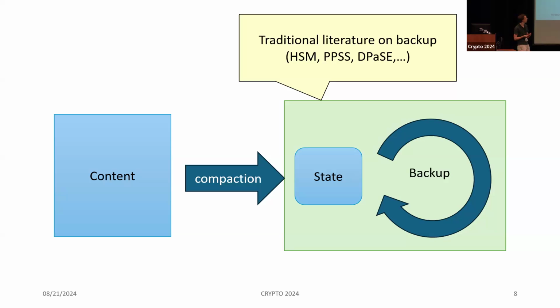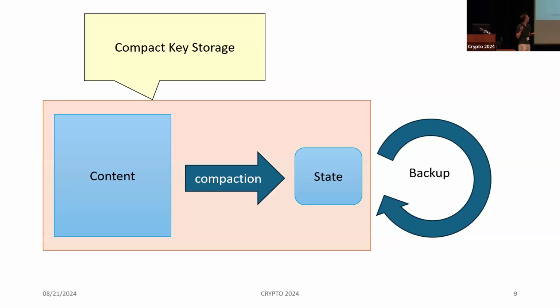And there's a lot of cool work, like using hardware security, or password-protected secret sharing, or the DPRFs, and lots more, but this is all great. What we do is say, hey, let's wait a minute, maybe we should have another look at this first part and see whether we can come up with a more clever compaction process.